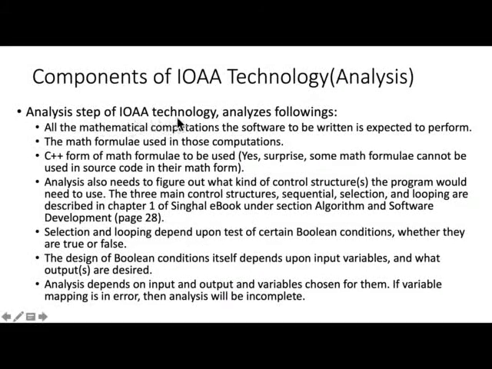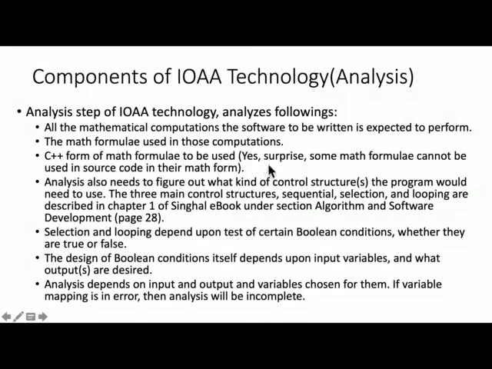The analysis step of IOA analyzes the following. All the mathematical computations the software to be written is expected to perform, we find those out. We collect all the math formulas used in these computations, and then we convert those to C++ form of math formulas to be used.